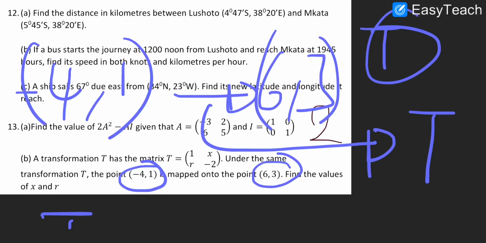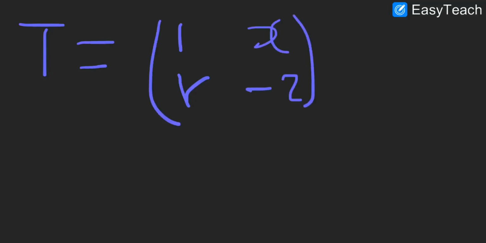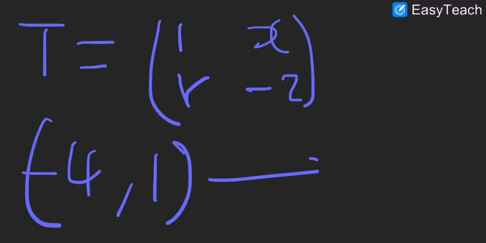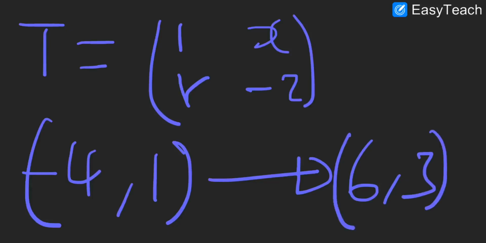Now, let us solve the question. There is a given transformation T, which is 1 r, x negative 2, and also the point negative 4, 1 was mapped into 6, 3. How can I find the values of x and r?